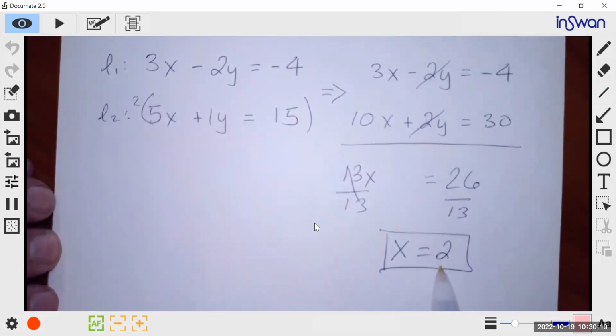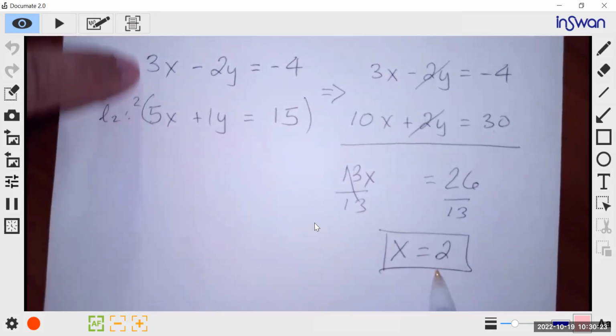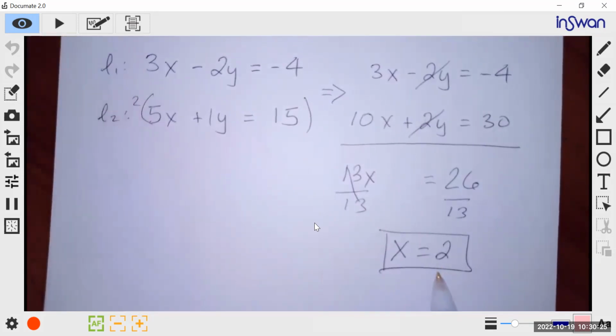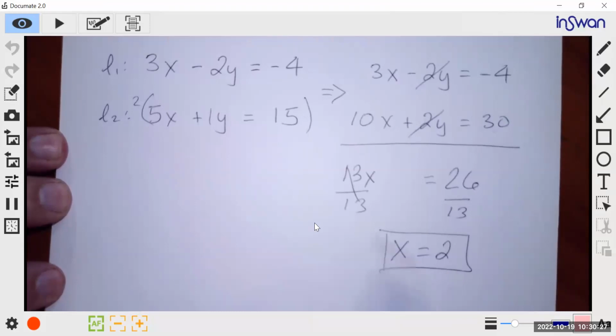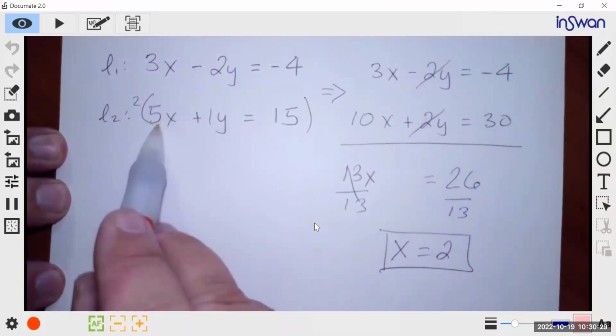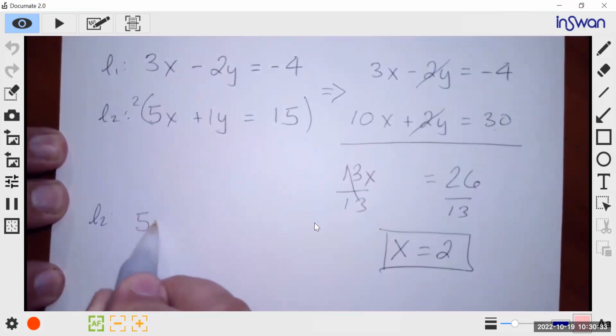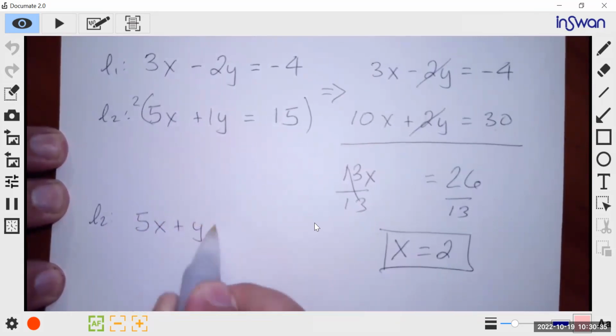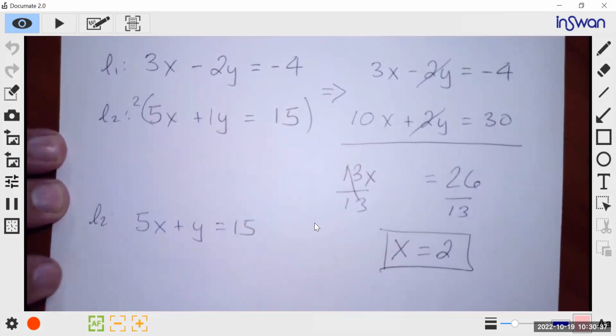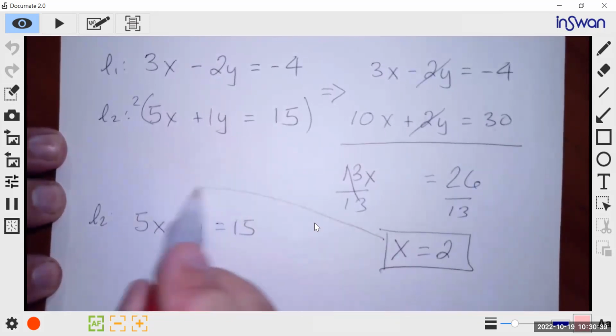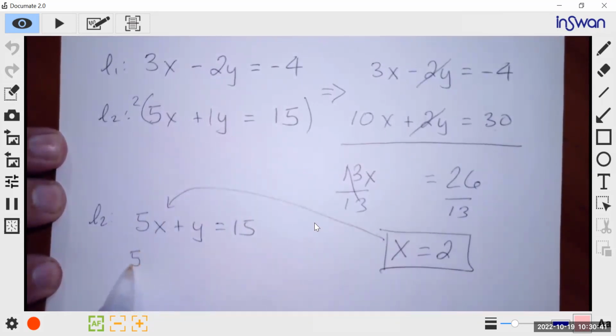Now, what do you do with this 2? Plug it into either one of these original equations. It doesn't matter which one. Since that's a single y by itself, let's use line 2. 5x plus y equals 15. Anywhere I see an x, I put a 2.